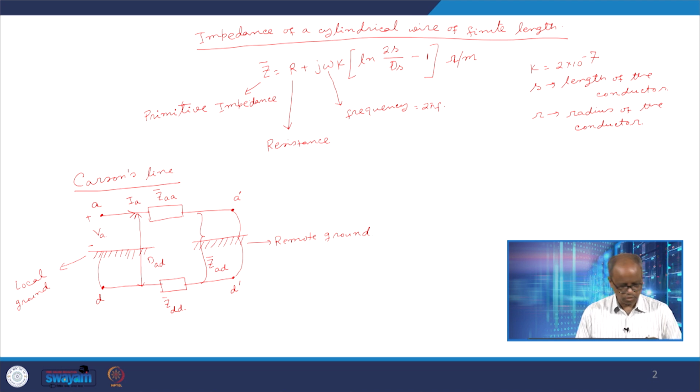So, now we know that with this arrangement, if this current is IA, then obviously this current is coming back as IA.